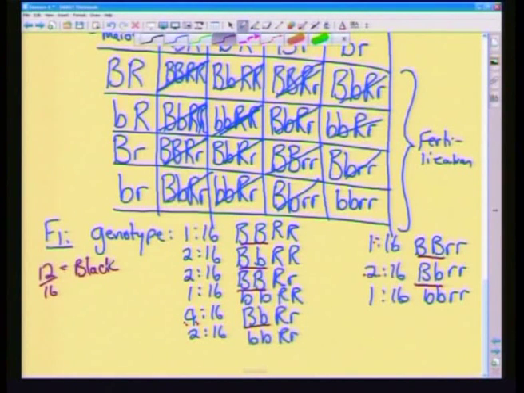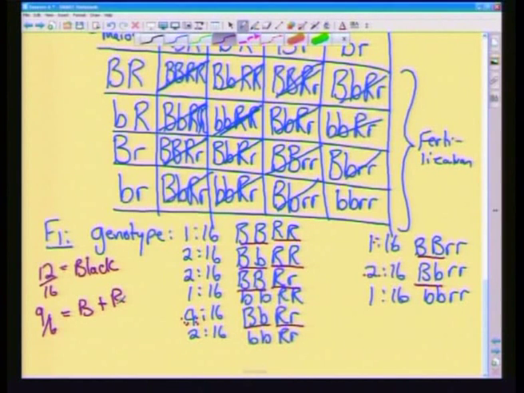Of those 12 that have black fur, let's see how many are going to have a rough fur coat. So 1, 2, 3, 4, 5, and 6, 7, 8, 9. 9 out of 16 are going to be black with a rough coat.